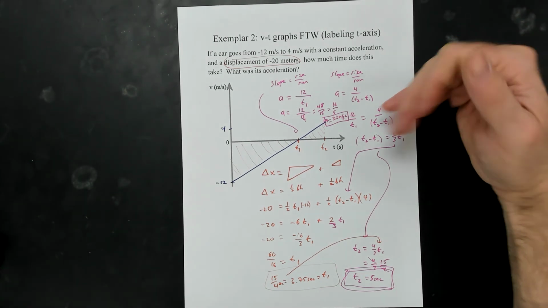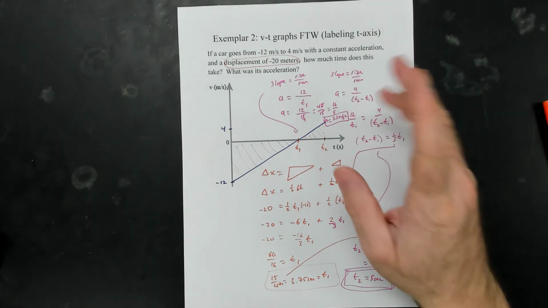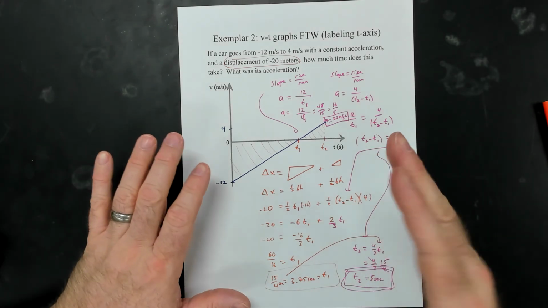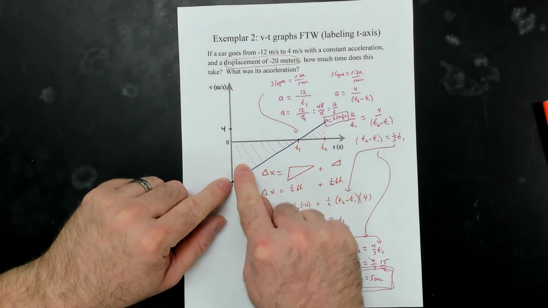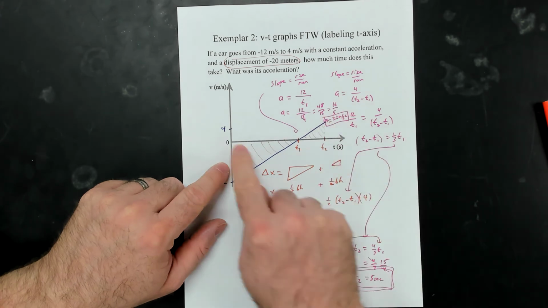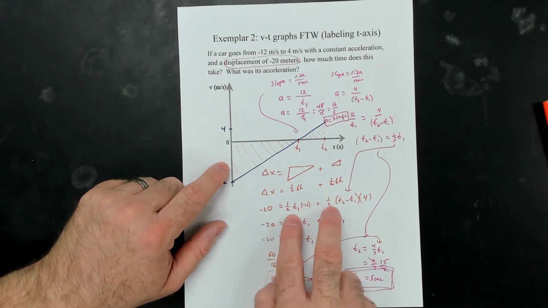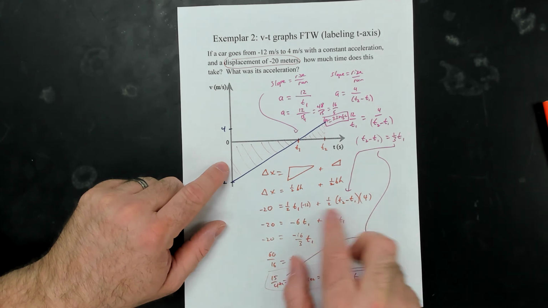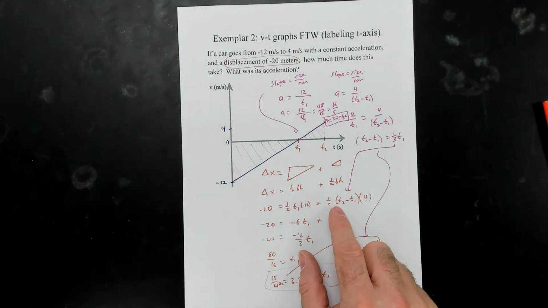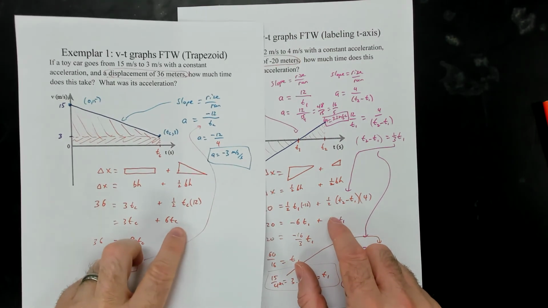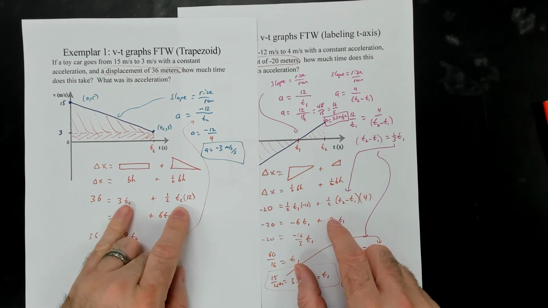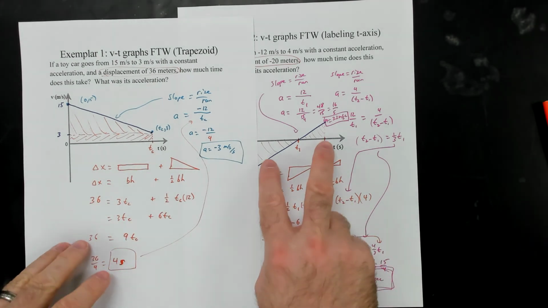Okay, so solving this problem again, we were using areas and slopes. Because it crossed the axis, we had 2 different unknown times. When I used the area for displacement, that gave me 2 variables for t, which is the difference from the first problem. I only had 1 time variable in that problem, and here I end up with 2.